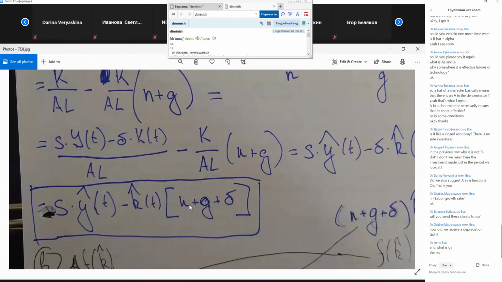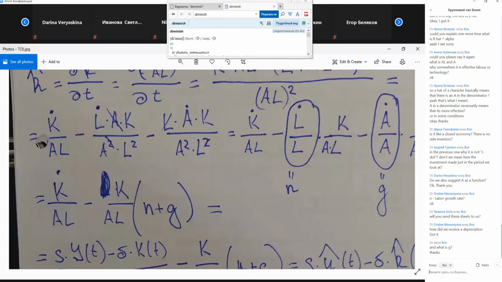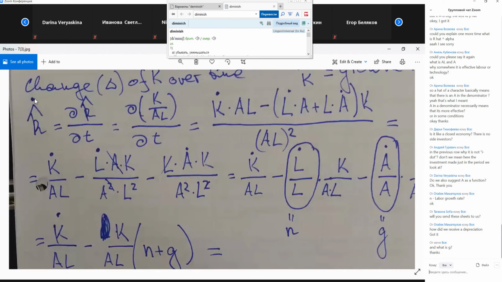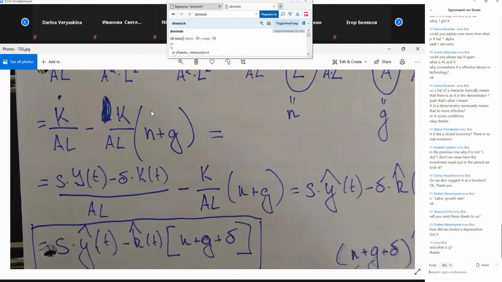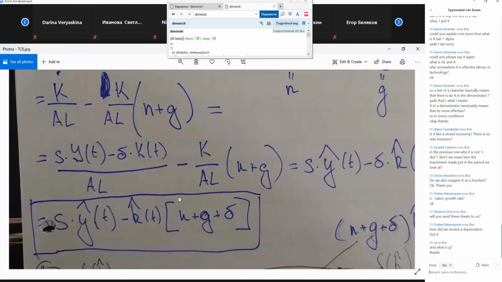So basically, to keep capital per unit of effective labor constant, we need to endow new workers with the same amount of capital as their parents. In the scope of the whole economy, if new children are born, they also want their share of existing capital.